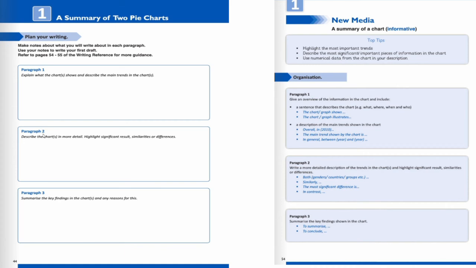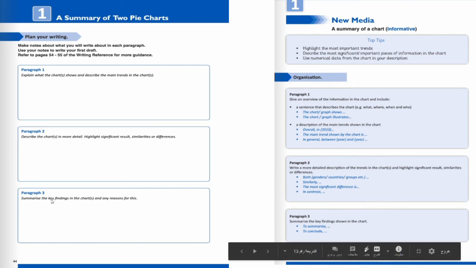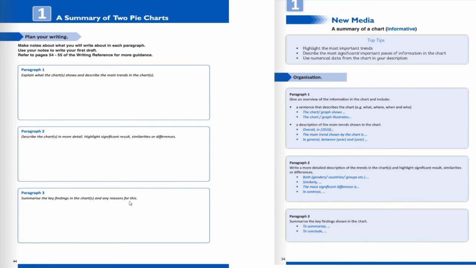Also, paragraph number 2 describes the charts in more detail, highlights significant results, similarities, or differences. Paragraph number 3 summarizes the key findings in the charts and any reasons for this. Here we have a summary of a chart, informative.